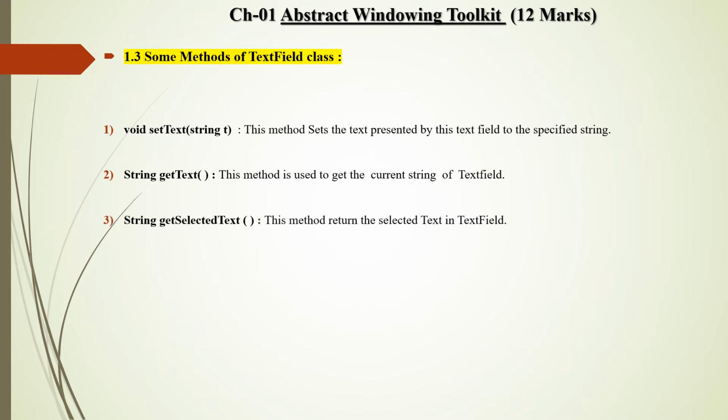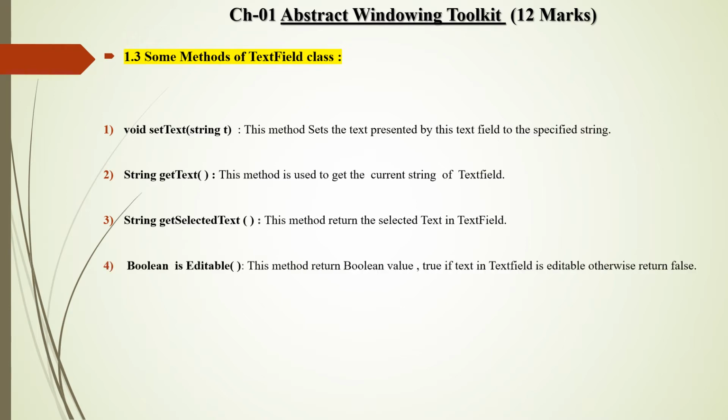Next method, String getSelectedText. This method also does not have any parameter, but this method returns a string type value, and this method returns the selected text in the text field. So if I select some text in the text field, that text is returned by this method.